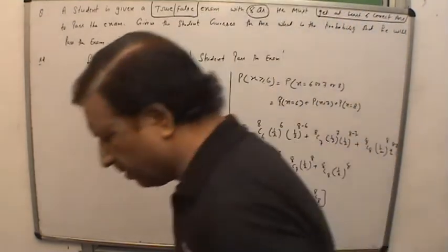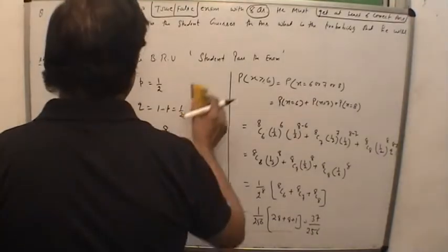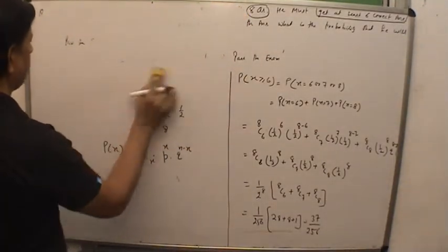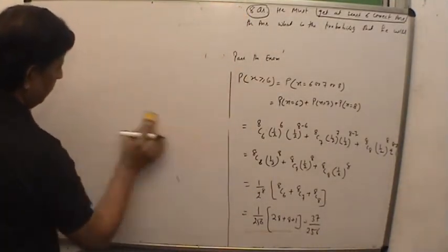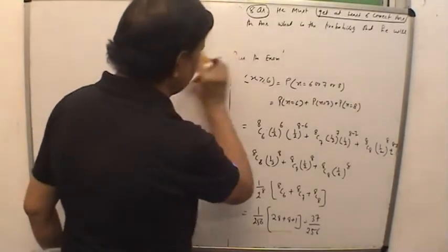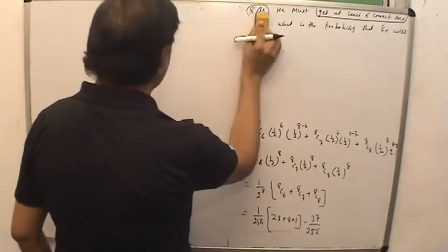Now let us see some more numericals based upon the mean and the variance of the binomial distribution.